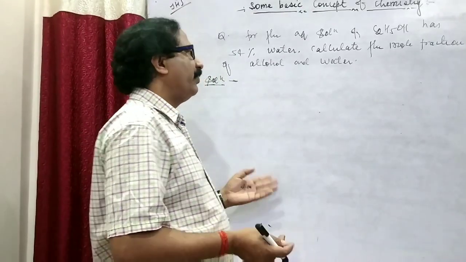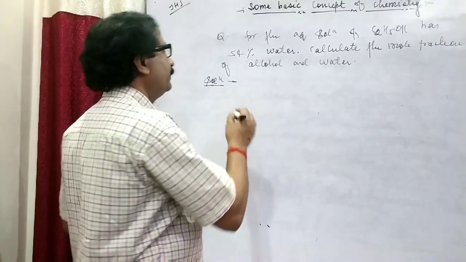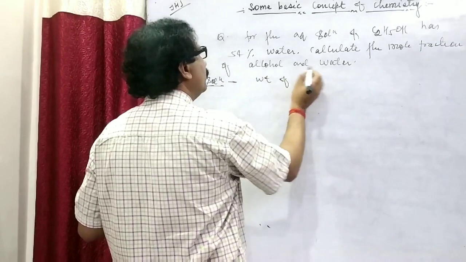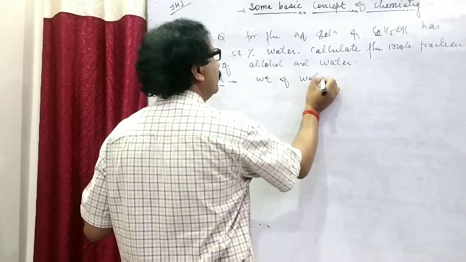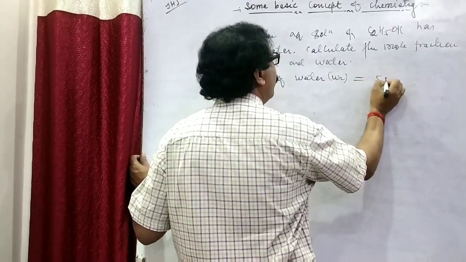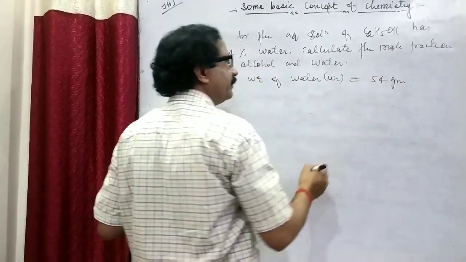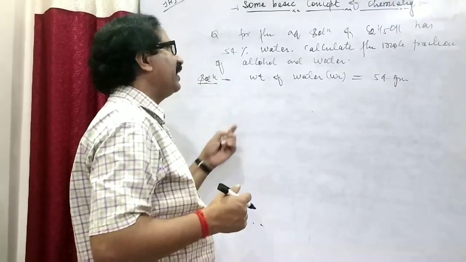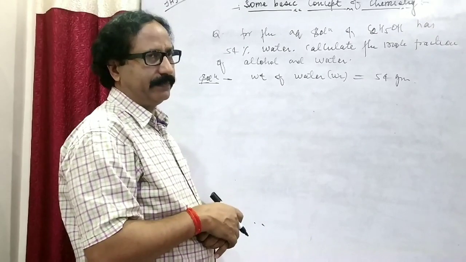First of all, we have to note down the given things, right? Here, weight of water, W2, is 54 gram. Why? Because let us consider the weight of the given solution is 100 gram.